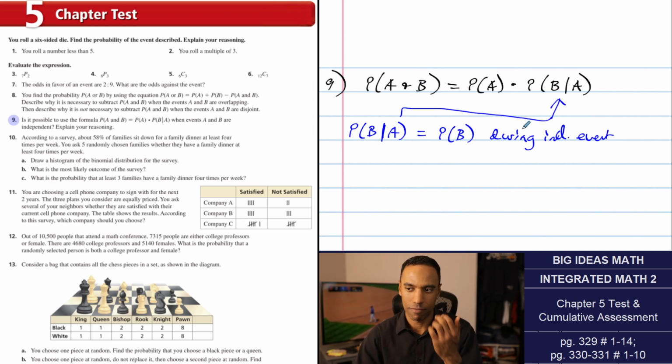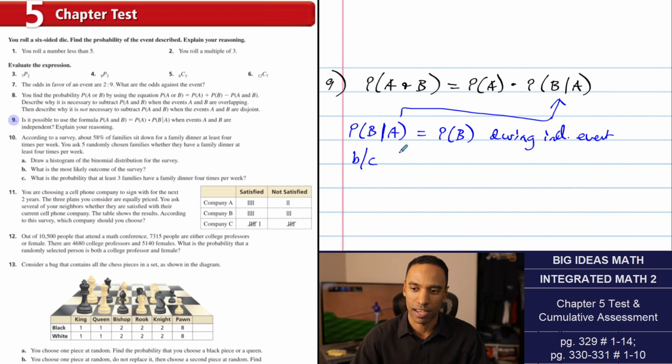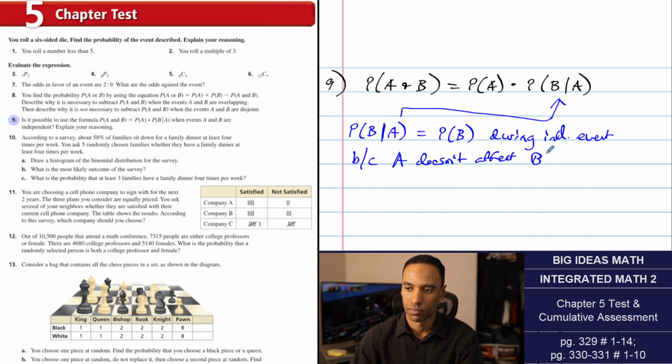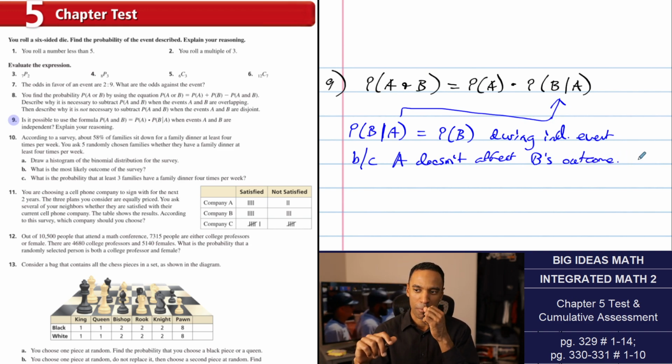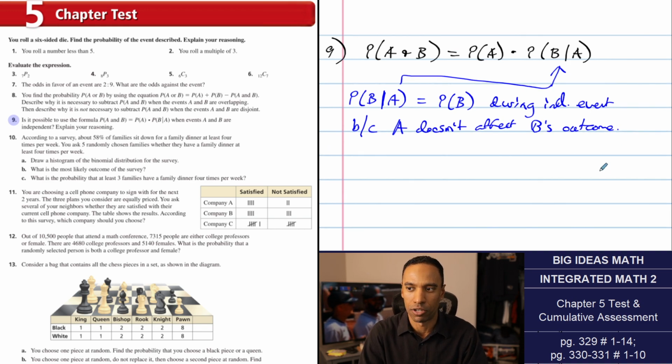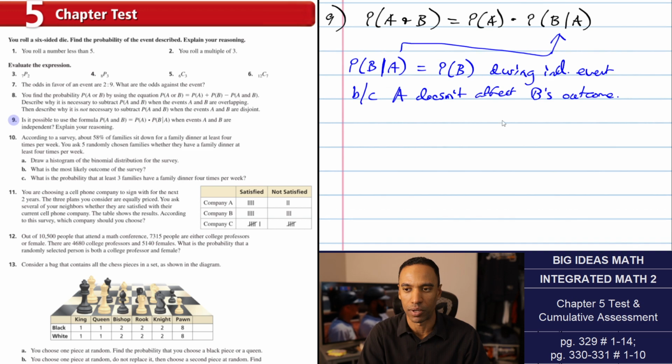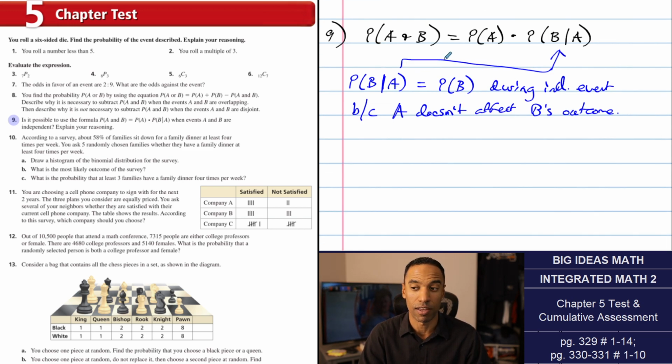In an independent event, A doesn't affect B's outcome. B given A says the probability that B occurs given that A occurs. Who cares if A occurs in an independent event or not? B is still going to be the same probability regardless. It's only in a dependent event where it changes.